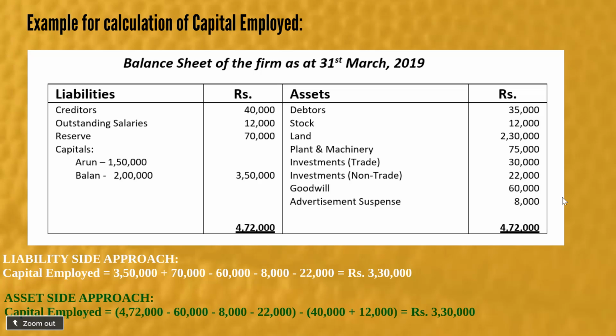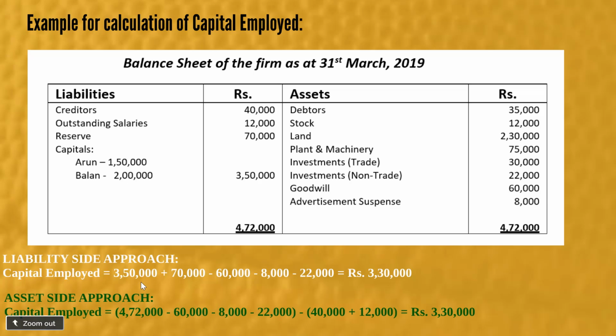So based on that, the capital of the partners is rupees 3,50,000 plus rupees 70,000 reserve minus existing goodwill 60,000, non-trade investments rupees 22,000 has to be deducted, and fictitious assets, which is in the form of advertisement suspense, minus 8,000 also needs to be deducted.